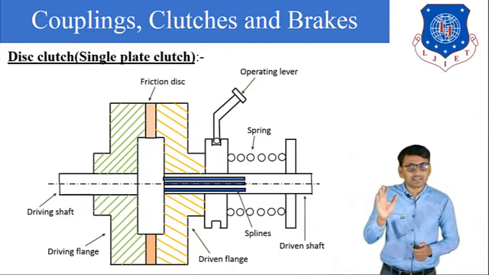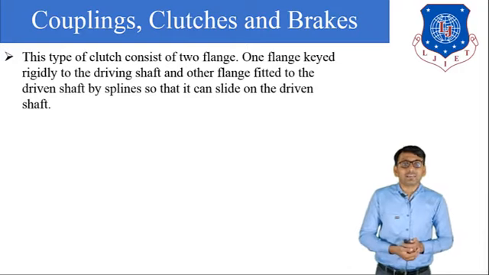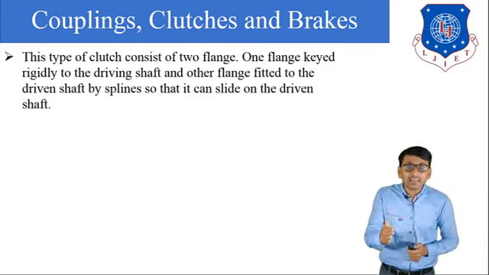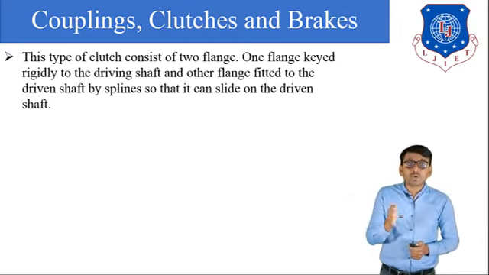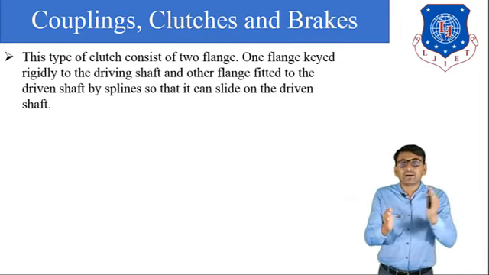So this type of clutch consists of two flanges. One flange is attached with the driving shaft rigidly and the other flange is fitted with the driven shaft by splines so that it can slide on the driven shaft.